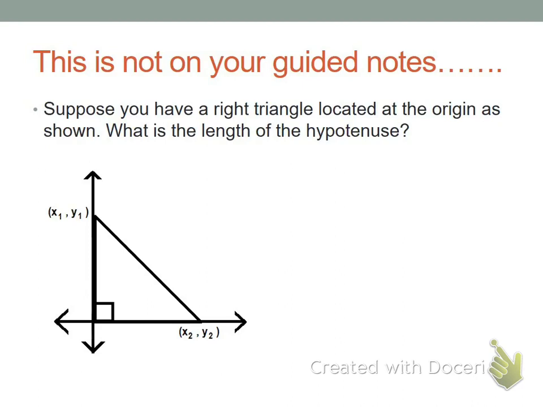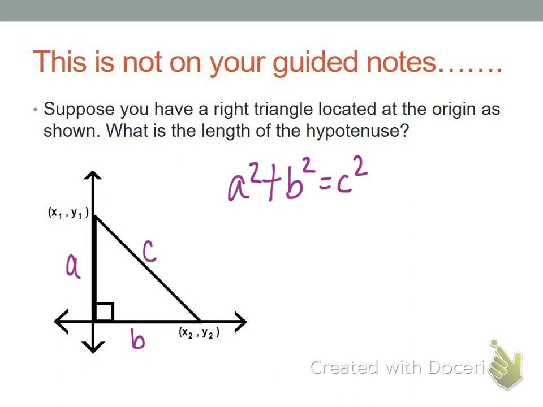This is not in the guided notes, but suppose that there is a right triangle located at the origin, and we're trying to find the length of the hypotenuse. The length of the hypotenuse we've already talked about in the warm-ups. If we consider these A, B, and C, we could use A squared plus B squared equals C squared.